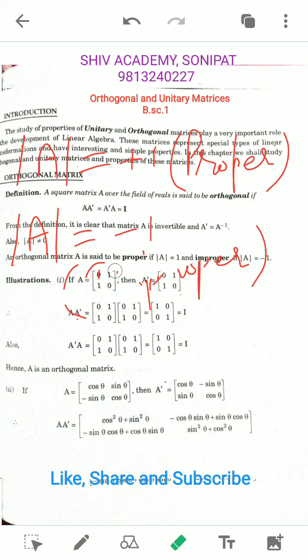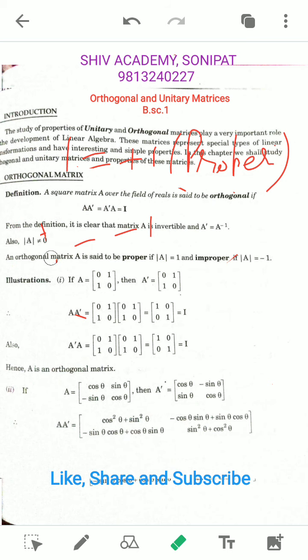Now there are two examples which can illustrate how we can check whether any square matrix is orthogonal or not. So you must remember that whenever this matrix A satisfies the condition A transpose A equal to identity matrix, then we say that this is orthogonal.